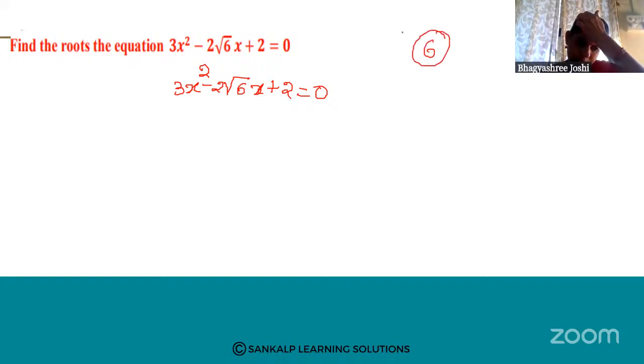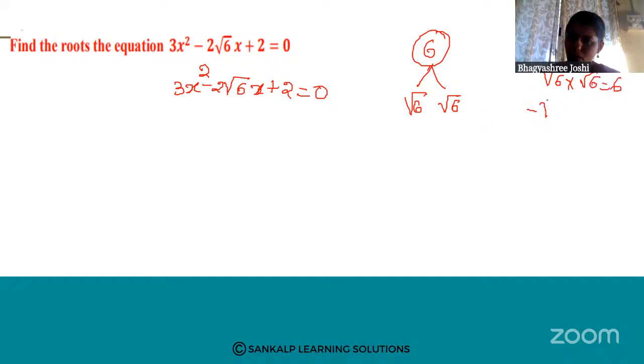The product should be 6 and the middle term should be 2 root 6. So choose two numbers such that the product is 6 and the sum is minus 2 root 6. If I choose root 6 into root 6, that is 6.